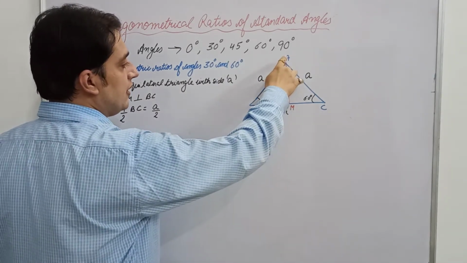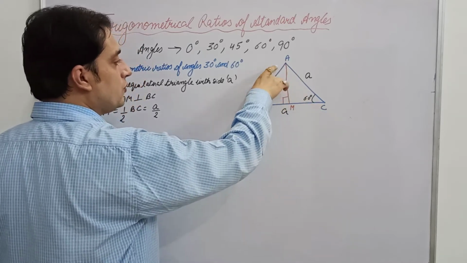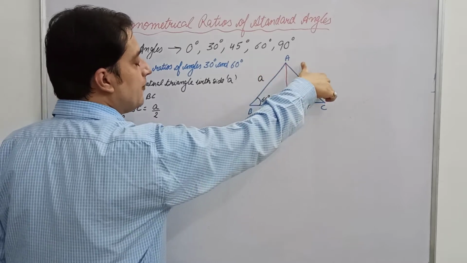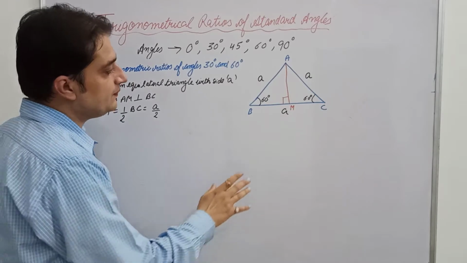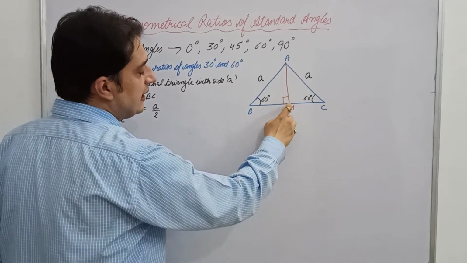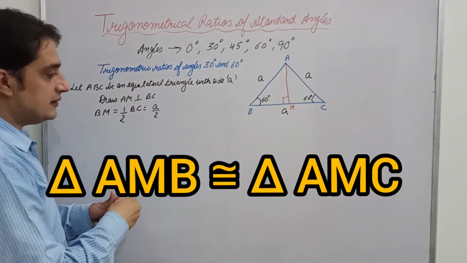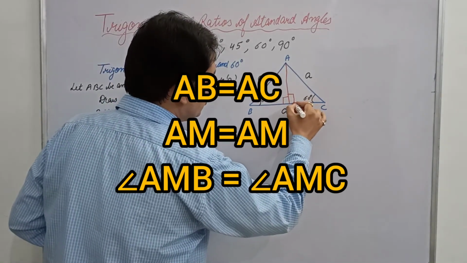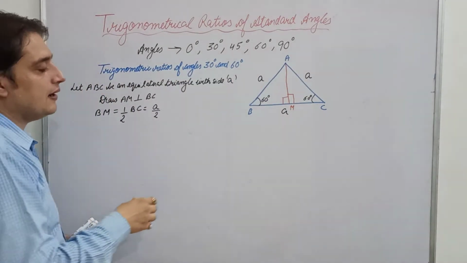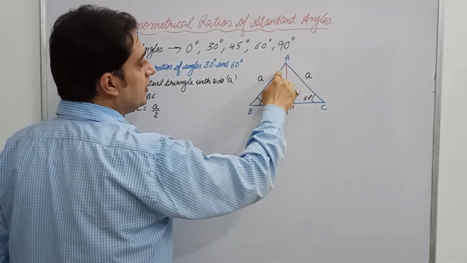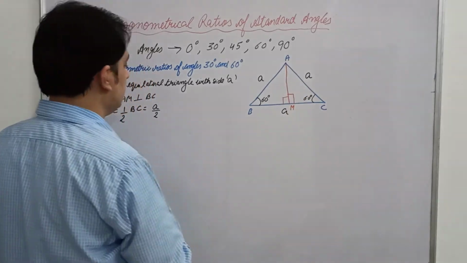If I take triangles AMB and AMC, the hypotenuse of this triangle is equal to the hypotenuse of the other. AM is common to both triangles, and angle AMB and angle AMC are equal, 90 degree. So by RHS criteria, these two triangles are congruent, and by CPCT you can prove that angle BAM and angle MAC are equal.